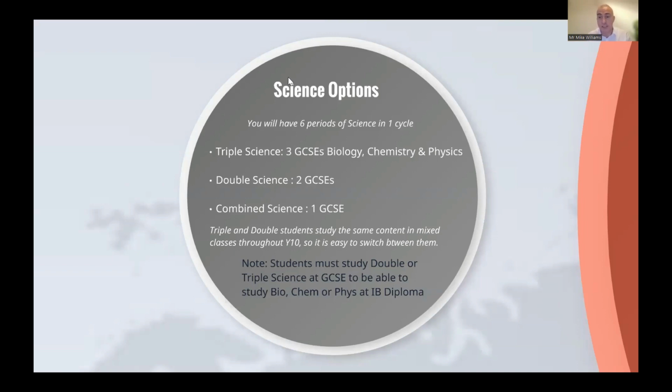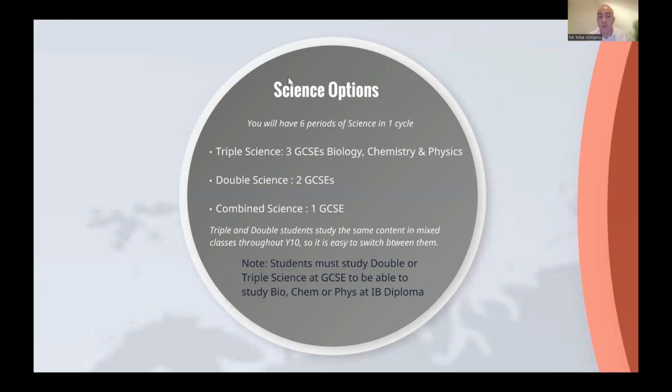The only thing to bear in mind is if you want to do IB diploma biology, chemistry or physics, then you cannot do combined science at GCSE. You need to either do double science or triple science. Either is fine. I got a question today about science through one of you. They heard you could only get a grade 8 in double science. That's not true. You can get a grade 9 in double science and you get grade 9 in triple science.